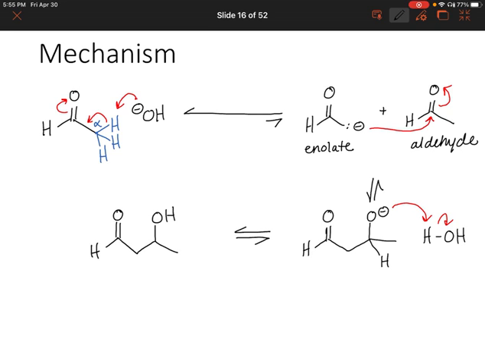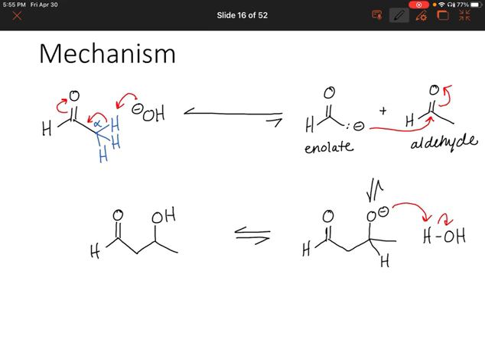Okay, so what's also really cool is that we can reverse this reaction. So if we start with our beta hydroxyaldehyde, we can go back to our original aldehyde.